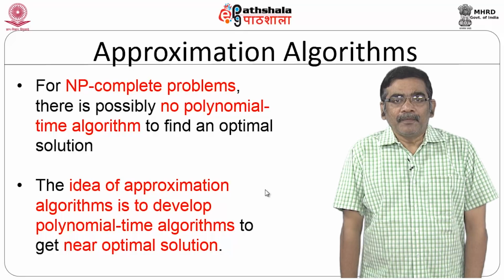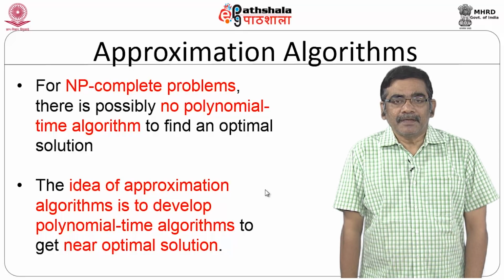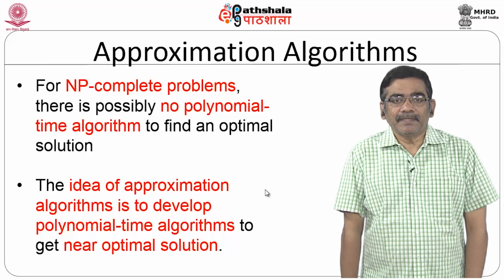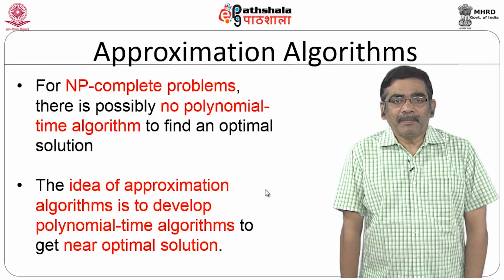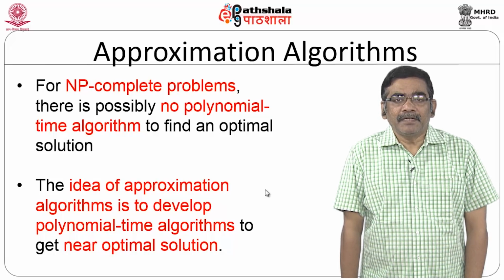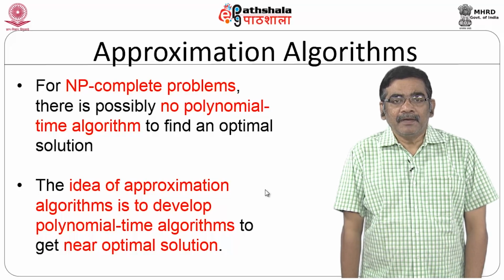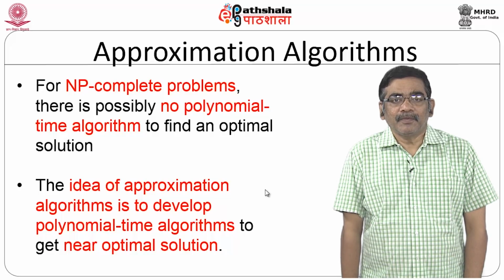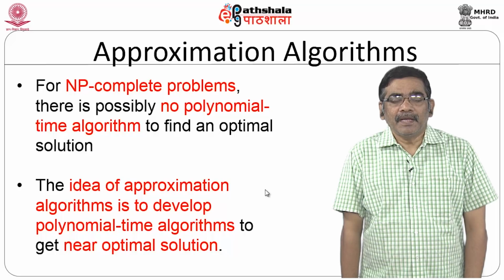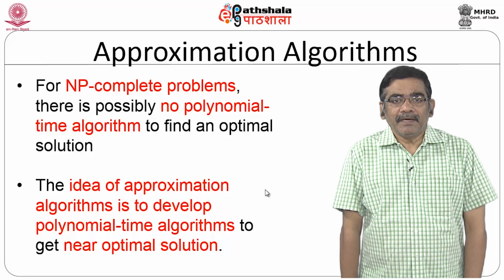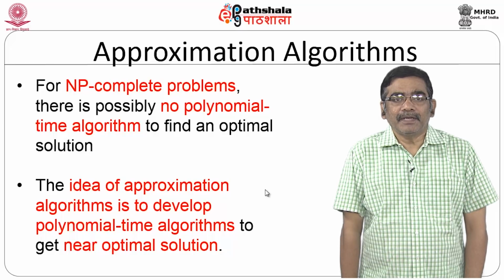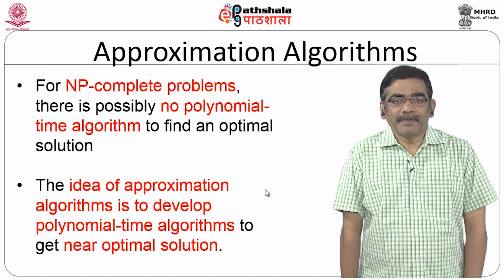So, what is the solution for this? In the real world, many problems are NP complete in nature. For example, weather forecasting is one example of an NP complete problem. In modern days, we have to find solutions for these problems.